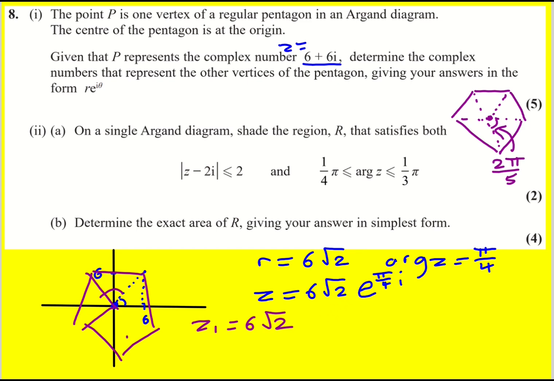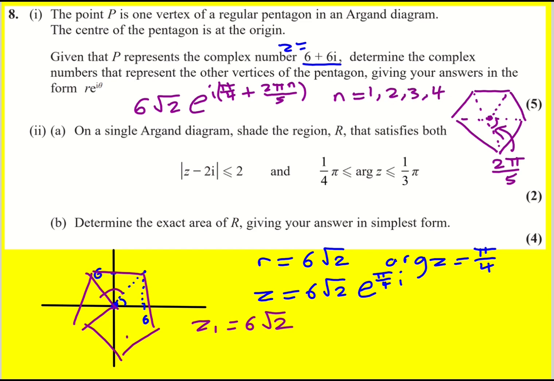Now, when I did it, I thought I can just say that all my answers are simply 6 root 2 e to the i pi over 4, and then I'm going to be adding on 2 pi n over 5, where n is going to be 1, 2, 3, and 4, since I'm trying to find the other vertices.